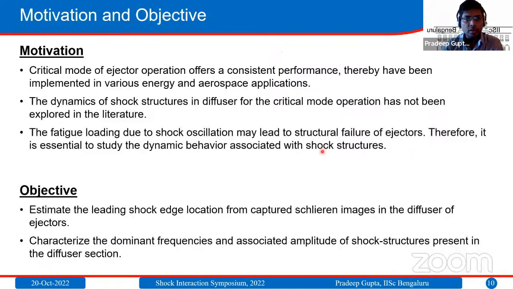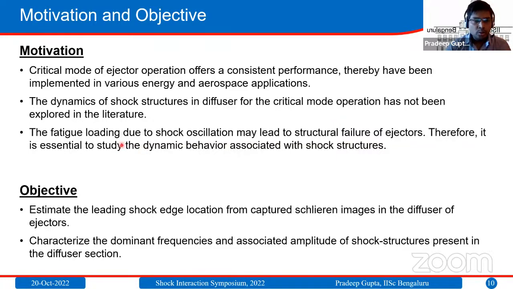Now, based on this, we framed our motivation and objective of the current work. As I explained, the critical mode operation offers consistent performance and thereby has been implemented in various energy and aerospace applications. But no study was performed for the dynamic shock structure in the diffuser for critical mode operation.